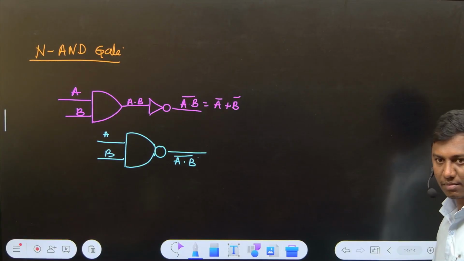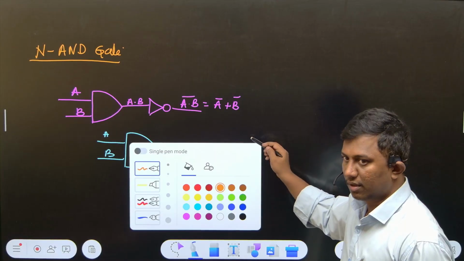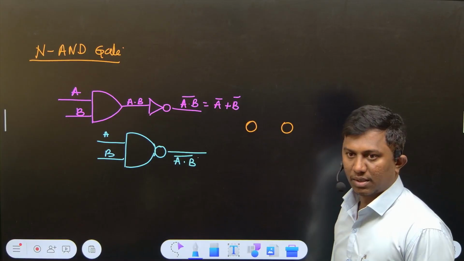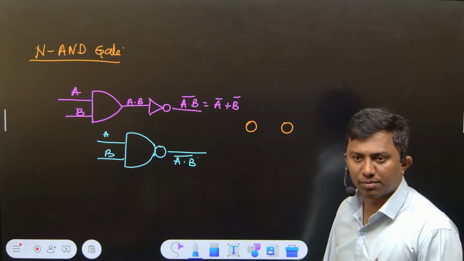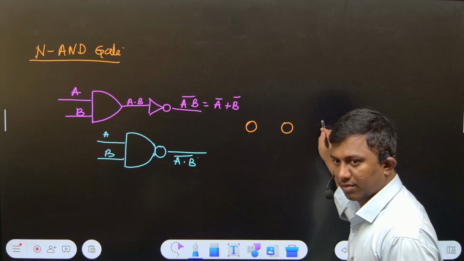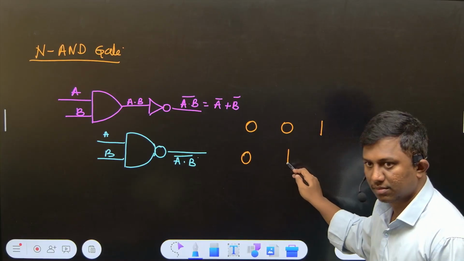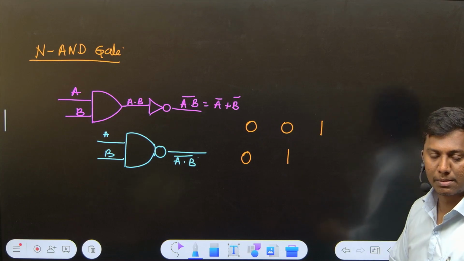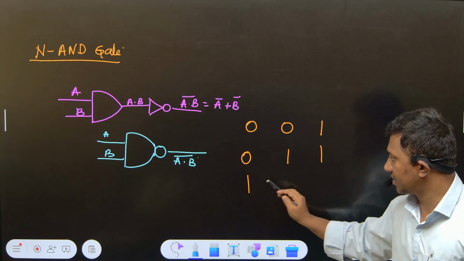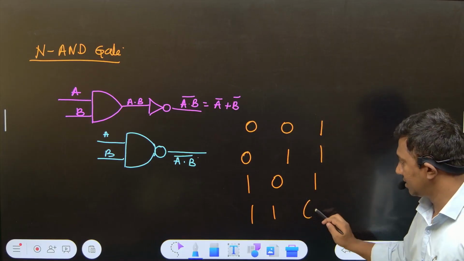Tell me now what the output is. 0 comma 0. AND gate output is 0, but it is NAND gate. What is the output? 1. Opposite of it. 0 comma 1: there it is 0, here it is 1. 1 comma 0: there it is 0, here it is 1. 1 comma 1: there it is 1, here it is 0.